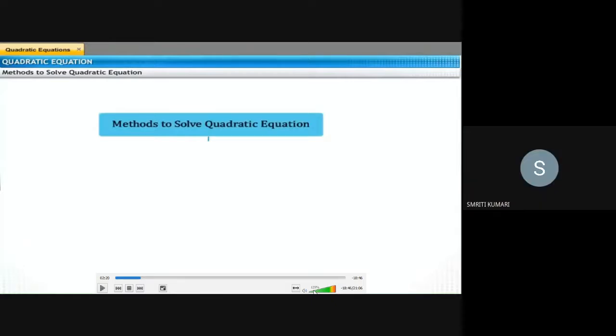The simplest form of the quadratic equation is given to us as ax square plus bx plus c, and the condition is that a must not be equal to 0. Sir, can we not write that a square plus b square must not be equal to 0?